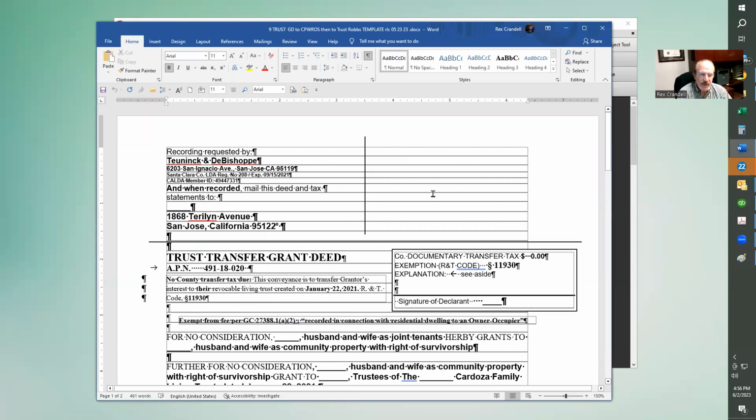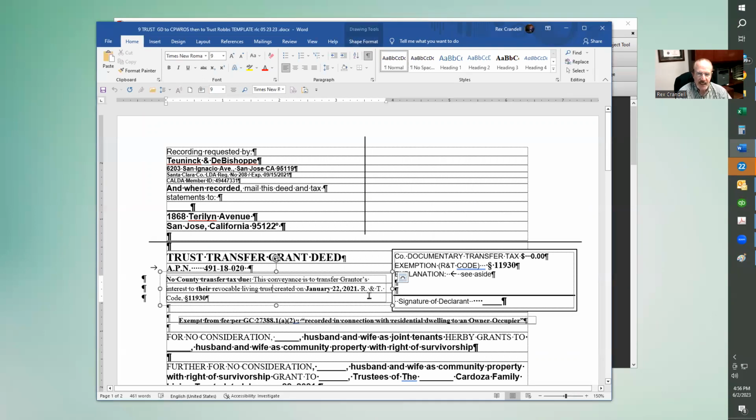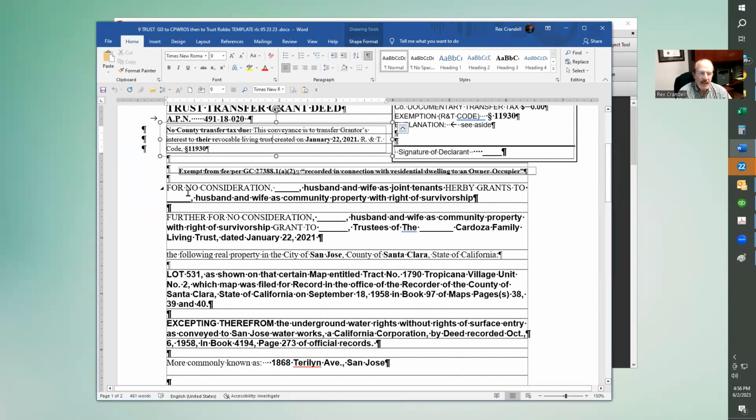So just to review what's in a deed, where the deed goes after the county puts their official seal on it, what type of deed it is, the assessor parcel number, if you have exemptions from all these filing fee taxes, and who it's coming from, who it's going to, meaning the ownership title.